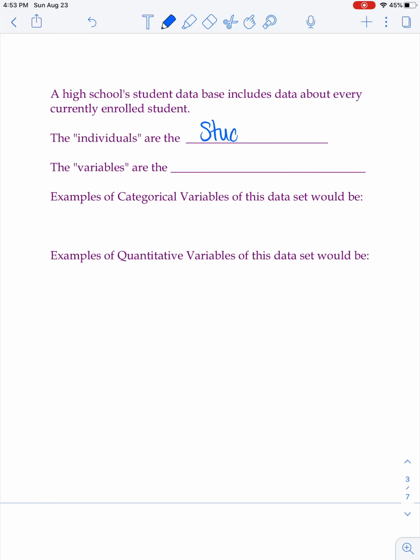So the individuals are the students, because those are the objects for which we are collecting the data. The variables are going to be all the pieces of data that we collect. So I'm assuming like your age, your gender, and then things like GPA, maybe your grade level, etc. So all of those things would be variables.